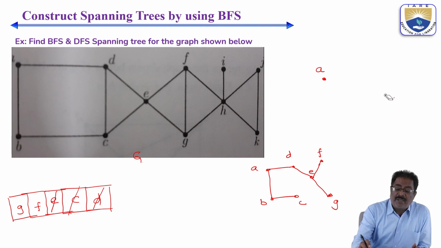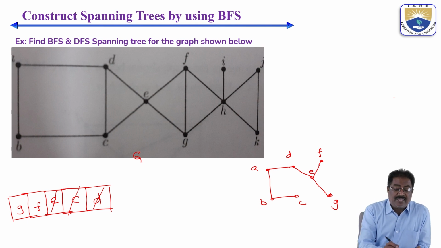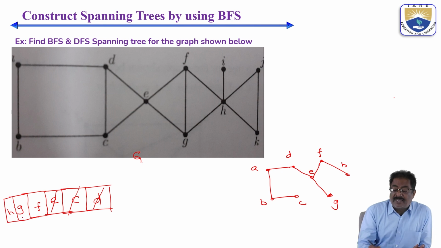Then the remaining F will be there in the queue. F's adjacent vertex is only H, so we consider H, make it visited, and enter H into the queue.